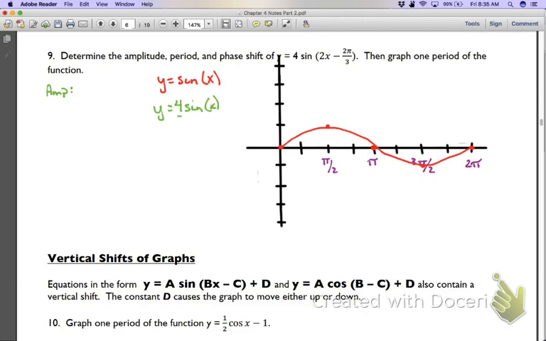What's that 4 going to do to it? Right, everything's going to get multiplied by 4. So my starting point where it crosses and at 2 pi, nothing changes. But at pi over 2 and at 3 pi over 2, somewhere down there, it's going to look something like, kind of missed.